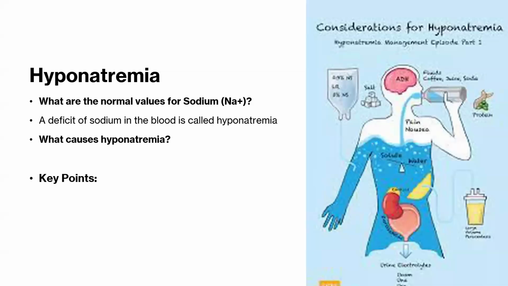So again, kidney disease, damage to the kidneys. Our kidneys cannot properly filter the excess water. This leads to water retention, and sodium levels remain the same. If we have too much water coming in and our sodium remains the same, it's going to dilute the sodium.